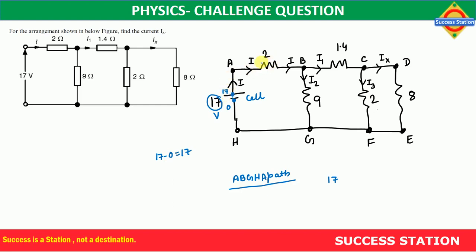Now here some energy will be expended in heat or light, whatever. Some heat will be expended over here. So after expending the energy at both places, when I come over here, my energy should be 0. That's what we are taking for this path. After covering this whole path, this point should be 0.